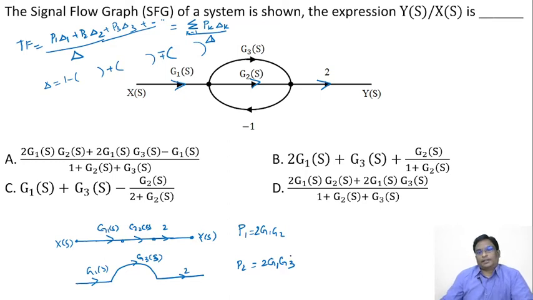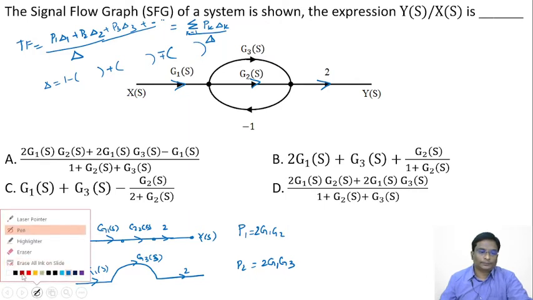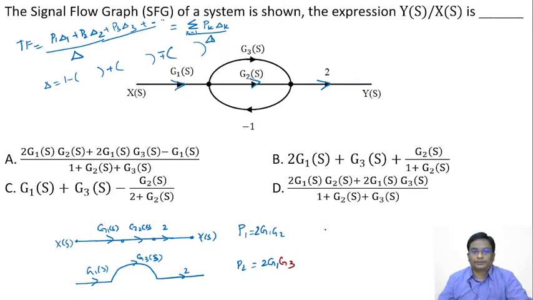How many loops are there? Please identify the loops here. You get a loop like this. This is G2, this is minus 1.